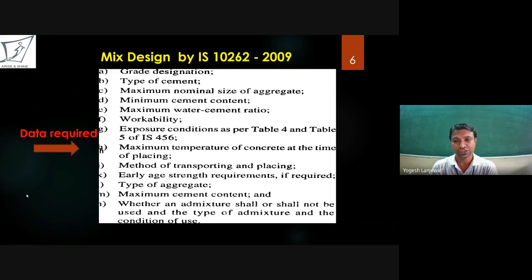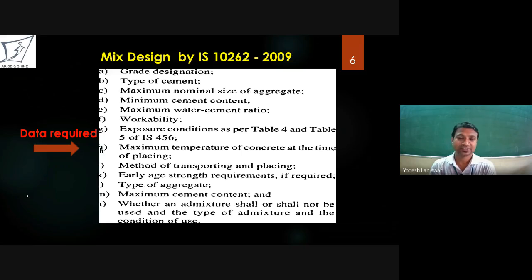What grade of concrete are you going to prepare? That is very, very important. As per the IS code, up to M20 grade of concrete, mix design is not required. If we go for a higher grade of concrete than M20, then we have to go for a mix design. So the very first step is grade designation.